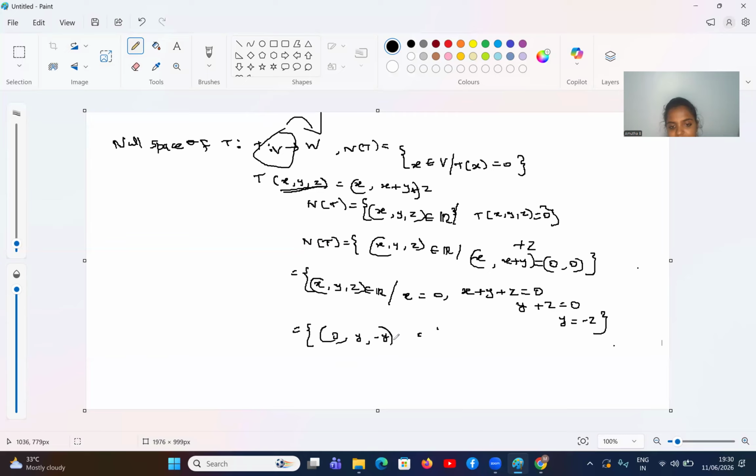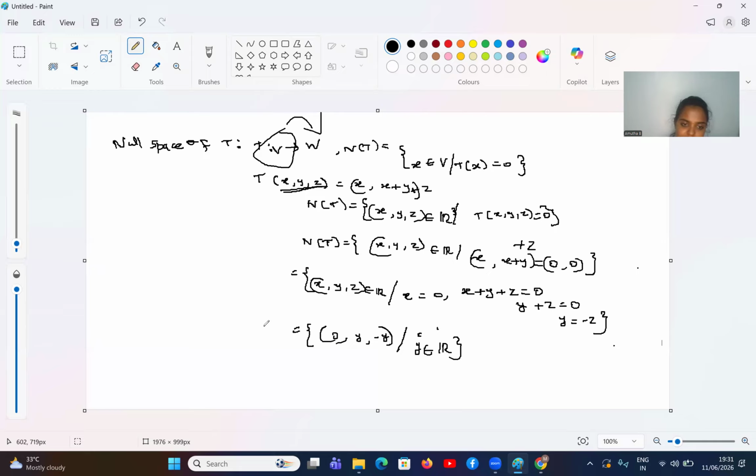So here we have (0, y, minus y). Only y is involved here, so y belongs to R.